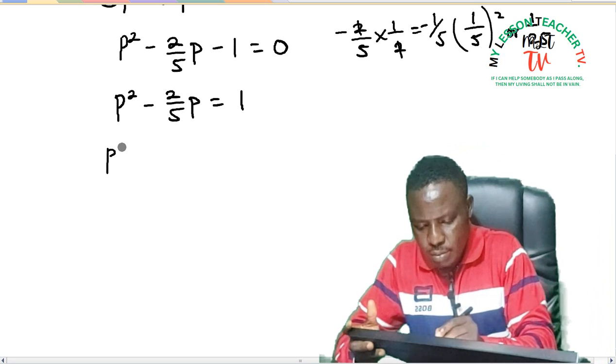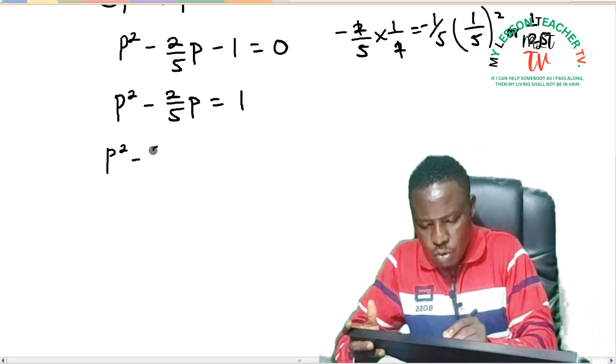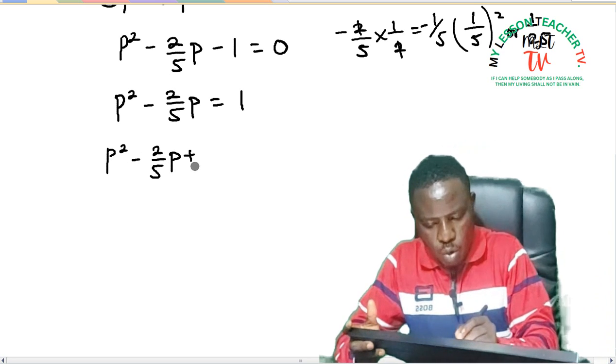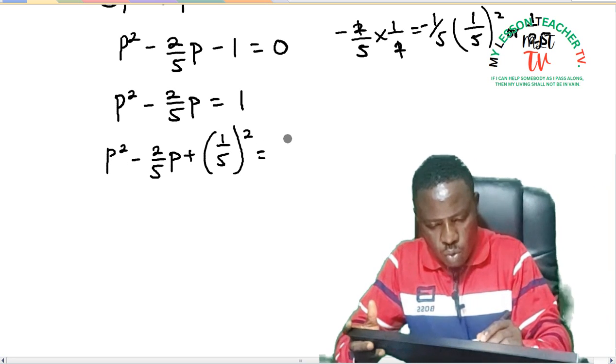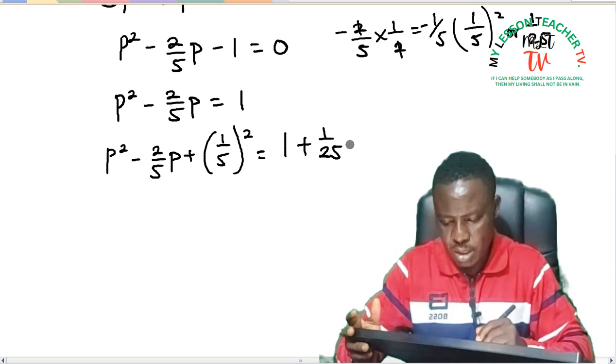You now have p squared minus 2 over 5p plus, I'm going to add this as 1 over 5 squared, is equal to 1 plus 1 over 25, which is still the same thing as this.